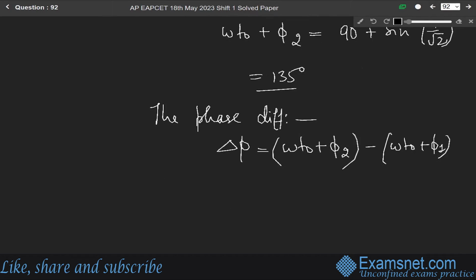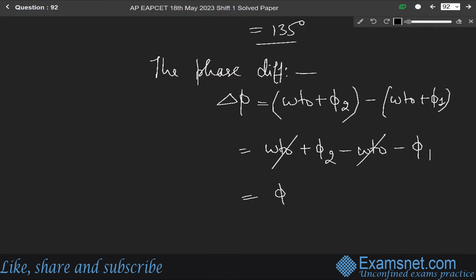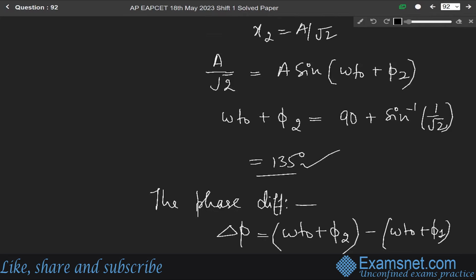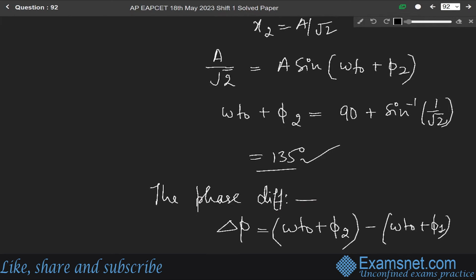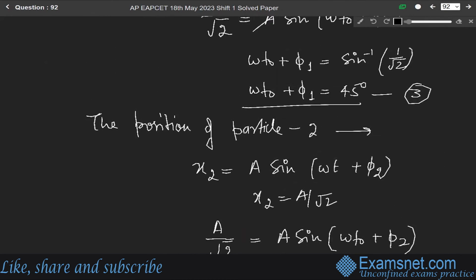Now opening the bracket, omega t naught minus omega t naught cancels. So we get phi 2 minus phi 1. And we know that phi 2 is 135 degree and phi 1 is 45 degree.